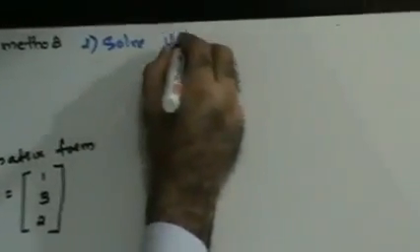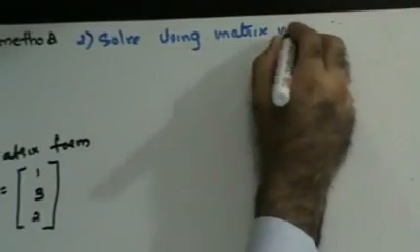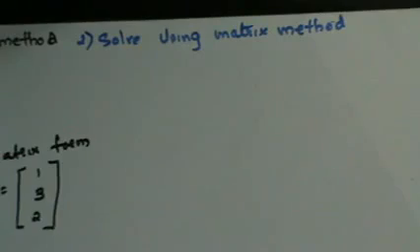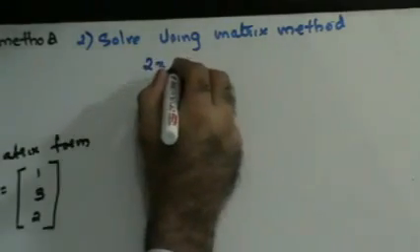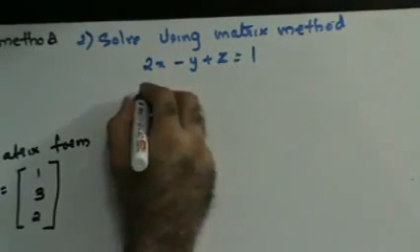Let's see another sum, guys. Solve using matrix method. X minus y plus z is 1.